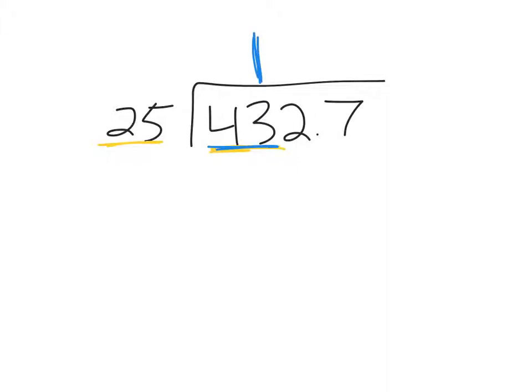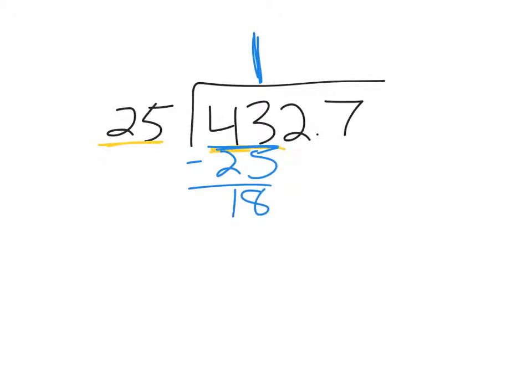We write our answer right here at the top. We said that because 1 times 25 is 25. I write my answer just right underneath that number we were just referring to so that I can subtract and see what's left over. When I take that 43 minus 25, it'll give me my remainder, which is 18. So I write that just underneath here.